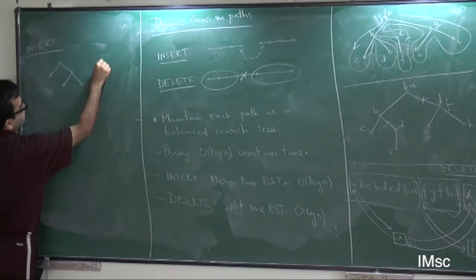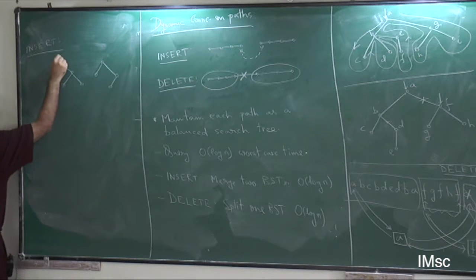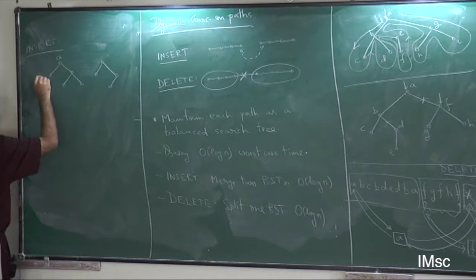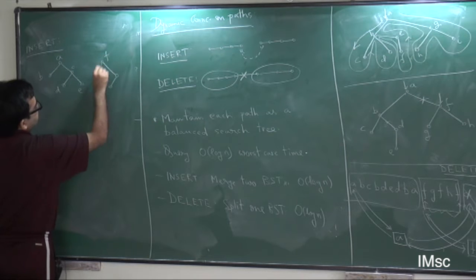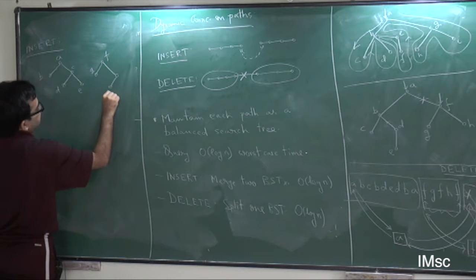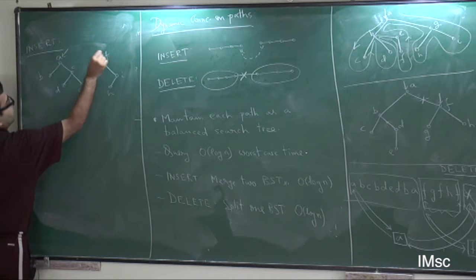So, suppose this is A, B, C, D, E, F, G, and suppose these are the roots, A and F.